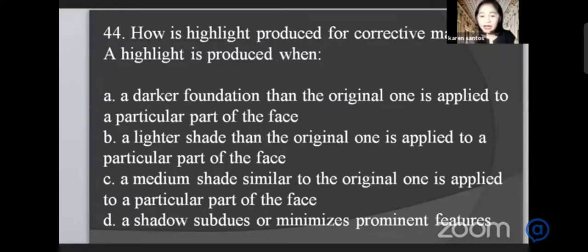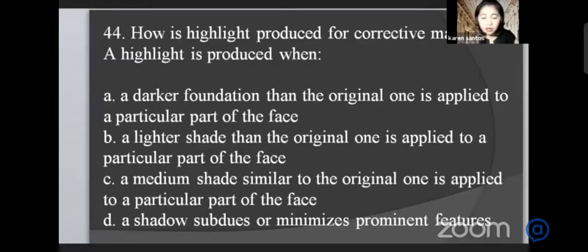How is highlight produced for corrective makeup? A highlight is produced when: A. A darker foundation than the original one is applied to a particular part of the face. B. A lighter shade than the original one is applied to a particular part of the face.